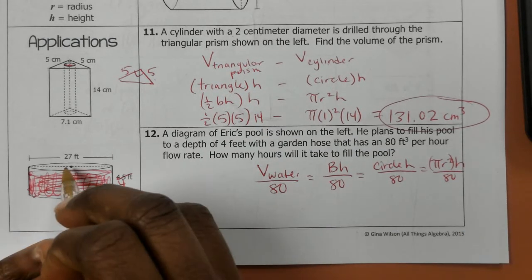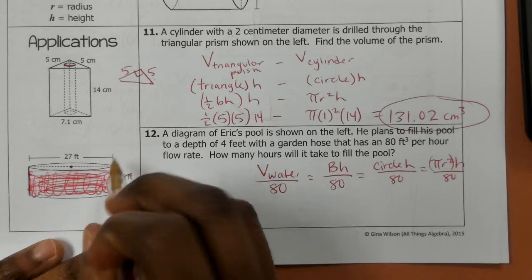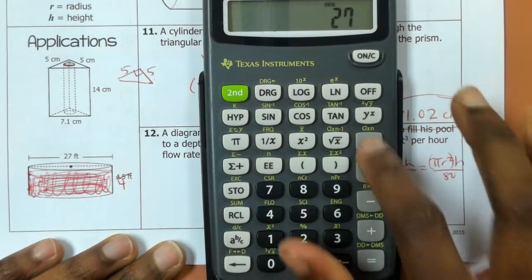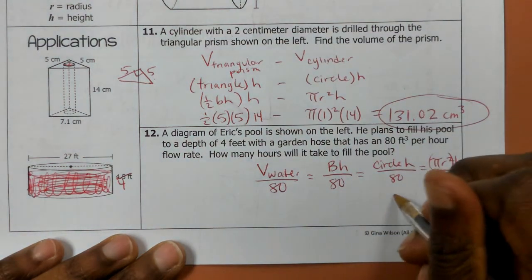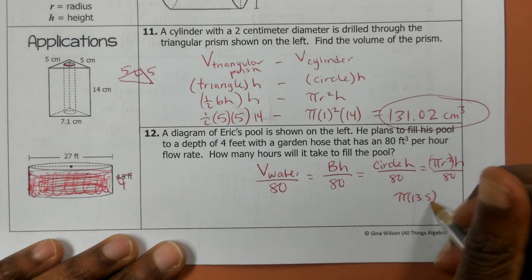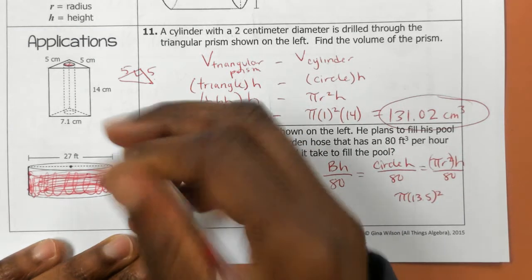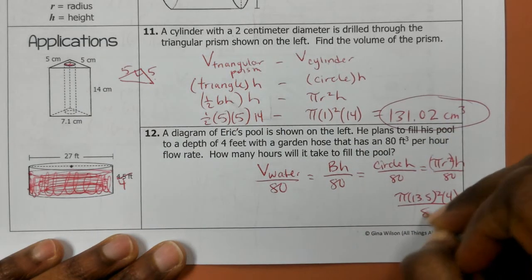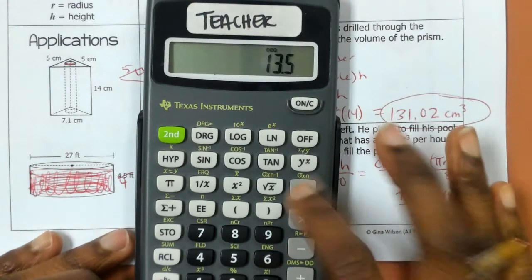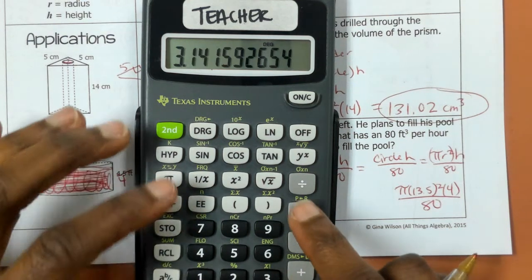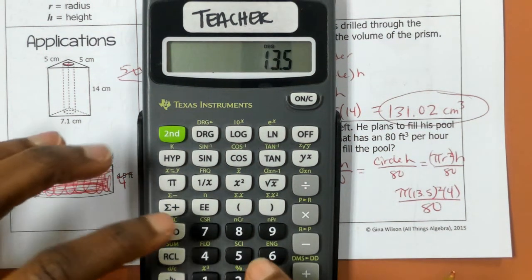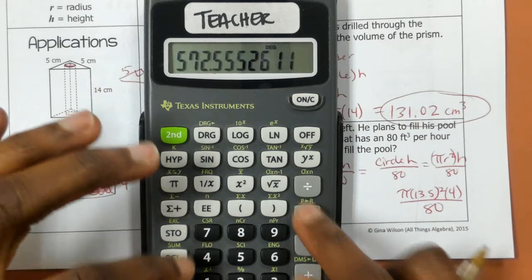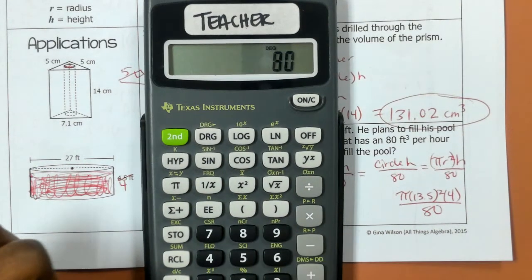Alright, so the radius of the circle is only from the middle to the edge, so it's 27 divided by 2, or 13.5. And the height is only 4 because that's how much water is needed, even though the tank is 4.5. Then going to our calculator, we have pi times 13.5 squared times 4 divided by 80.